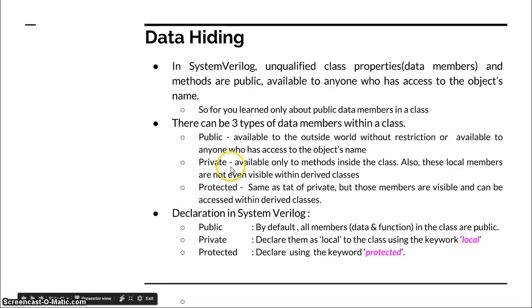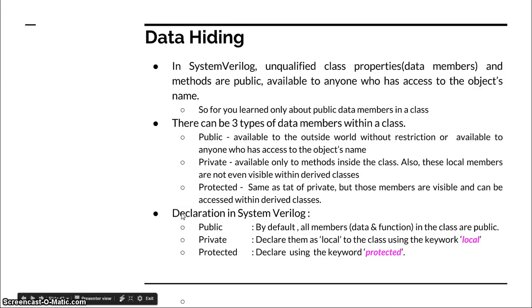On the other hand, a private member will be available only to the functions or methods within the class. These local members are not even visible within the derived class. If you declare a member as private in your class, then those members cannot be directly accessed by using object.data member. The only way to get the value or process those data members is to use functions.